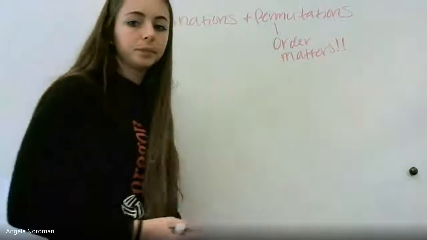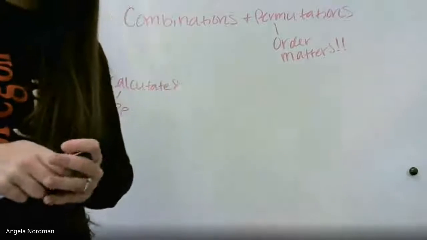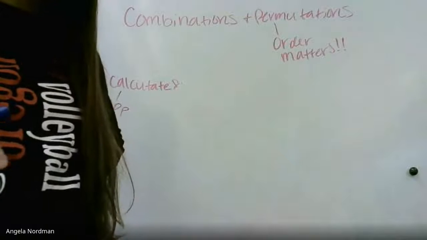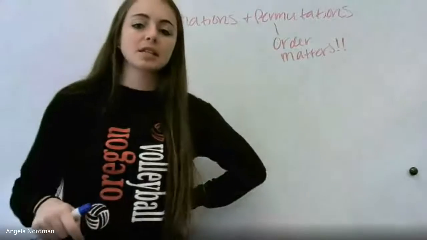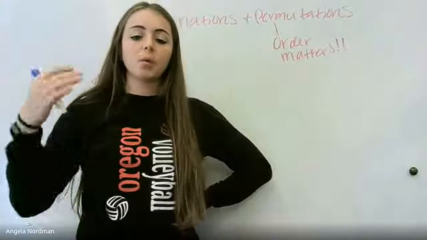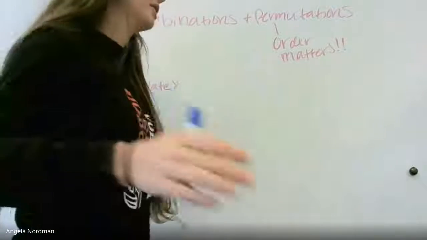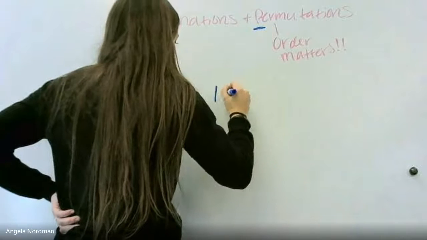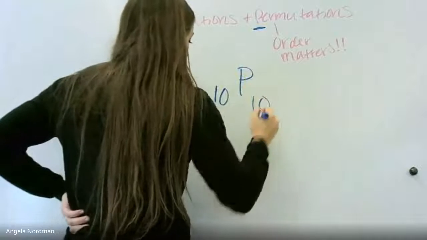Last one. John has 10 bats in his cricket bag. How many different orders can he pick the 10 bats from the bag? In some of these instances, they're going to be super forward about it and say, order these. We're ordering the different ways that we're choosing these bats. So obviously order matters, and we're going to go with permutations. We have 10 total bats to choose from, and we want to choose all 10.